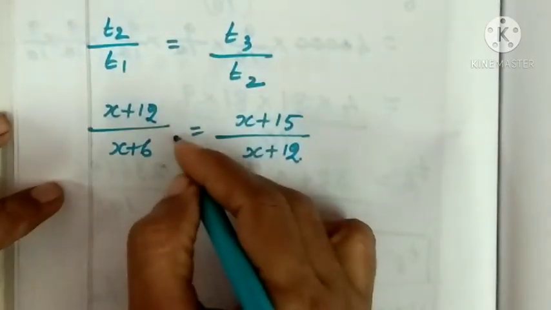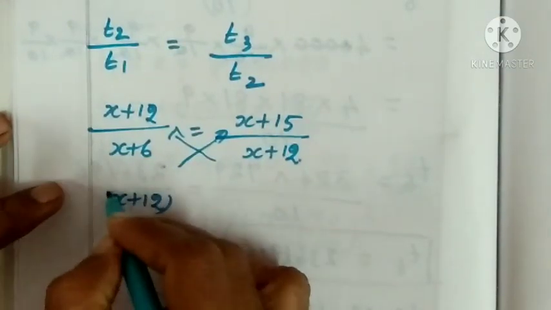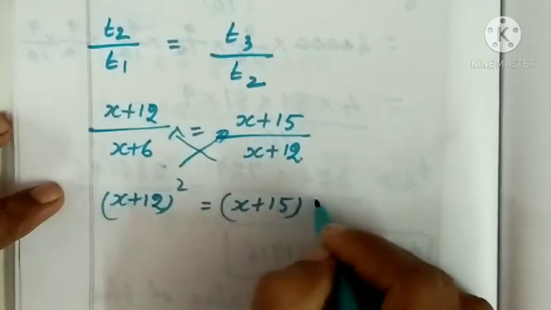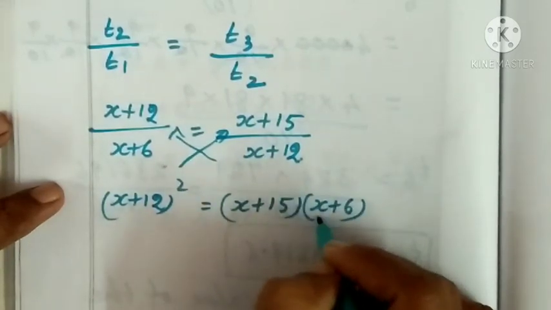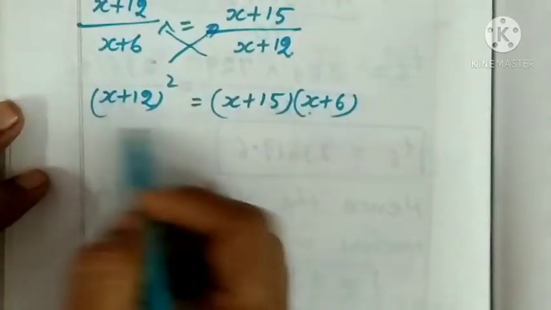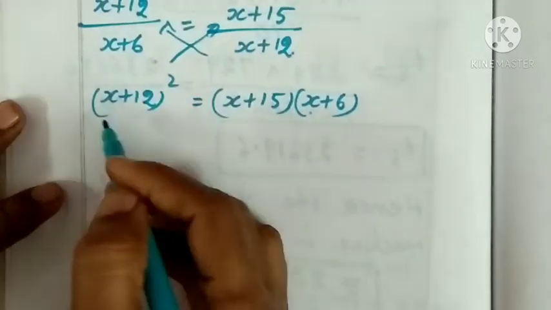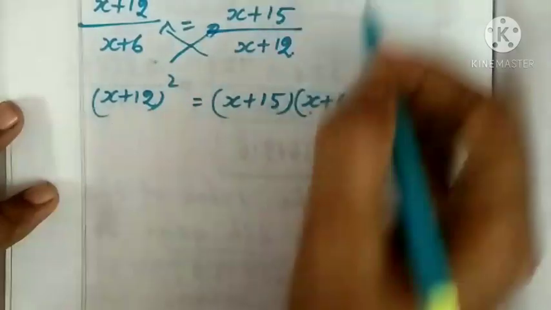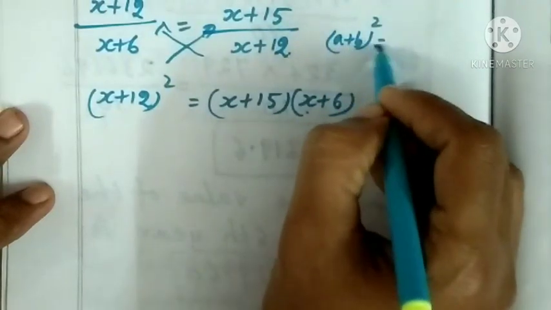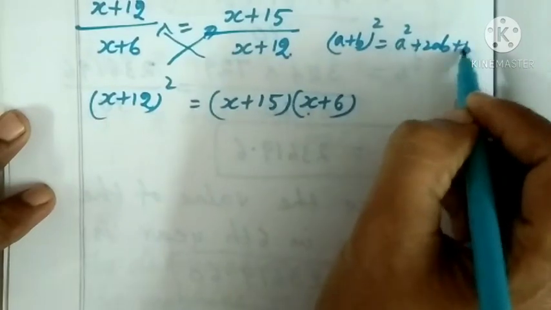Cross multiplying, we get x plus 12 the whole squared is equal to x plus 15 into x plus 6. Now apply the identity a plus b the whole squared is equal to a squared plus 2ab plus b squared.